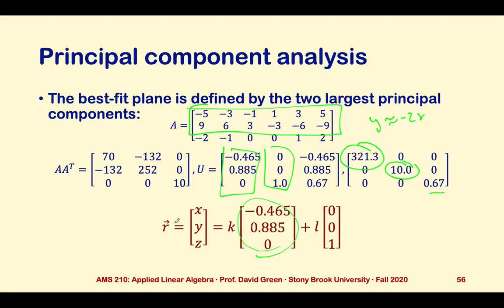And the z component is treated separately. So the second principal component just captures the z piece of this. All right? This is our best plane for the data.